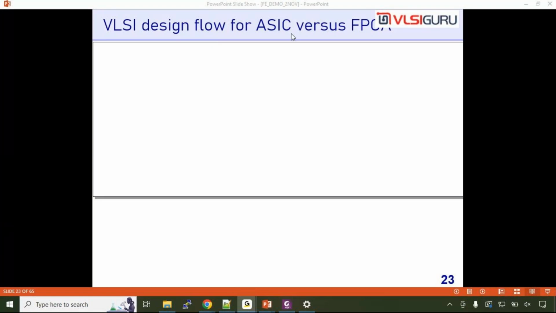So, VLSI design flow for ASIC versus FPGA. If I take both ASIC and FPGA, where do they differ? Let's understand that.